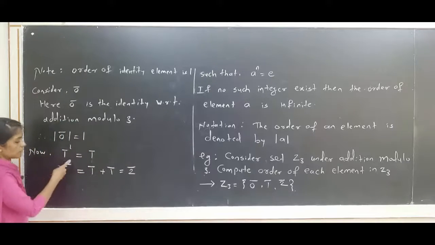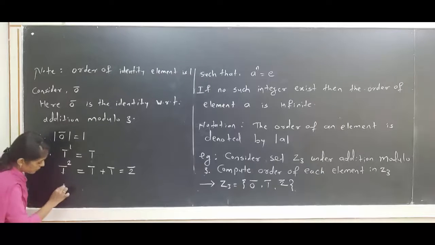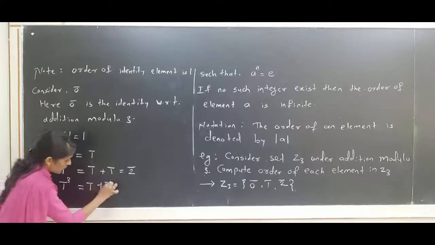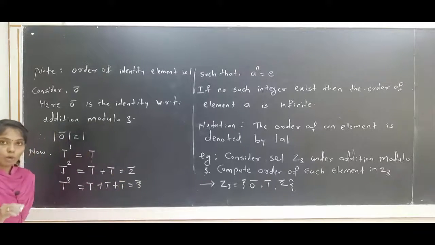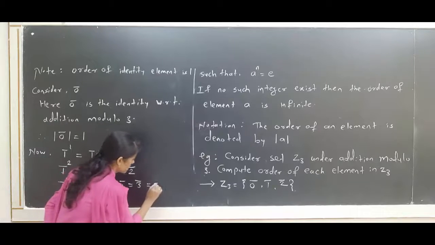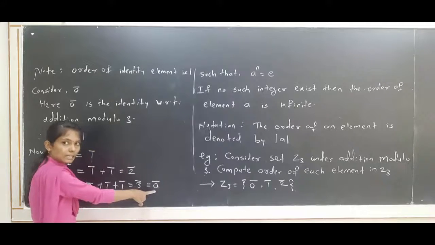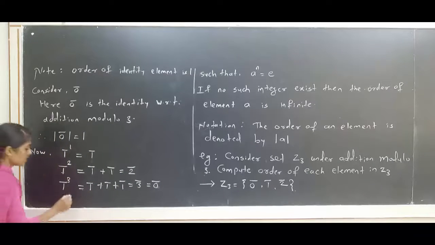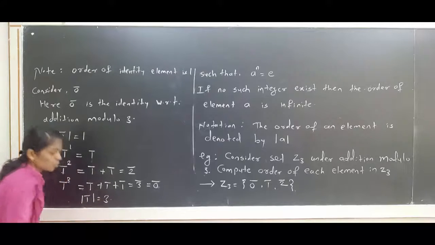Hence power 2 is not the order of element 1 bar. Now we take the next, 3. So 1 bar plus 1 bar plus 1 bar gives 3 bar, and under modulo 3 we get remainder 0, right? Which is the identity element. Hence the order of element 1 bar is 3.